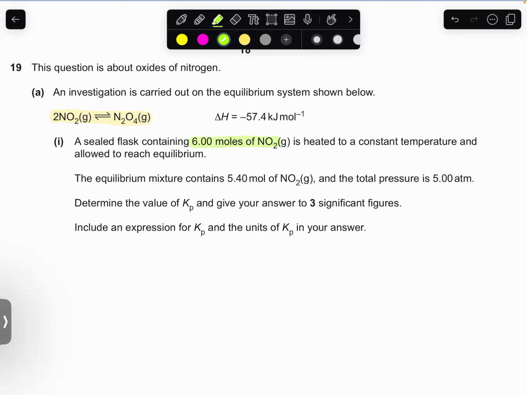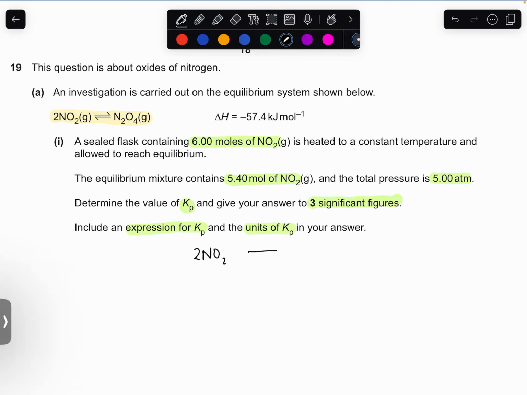At equilibrium, 5.4 moles of NO2 remain, and the total pressure is 5 atmospheric pressure. Determine the value of Kp, give your answer to 3 sig figs, include the expression for Kp and the units for Kp.